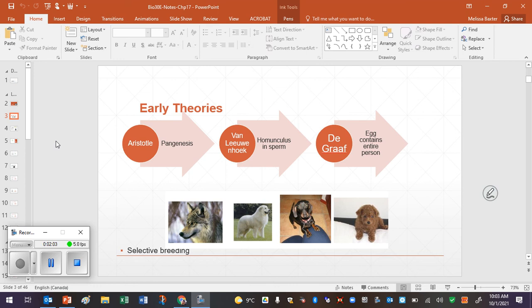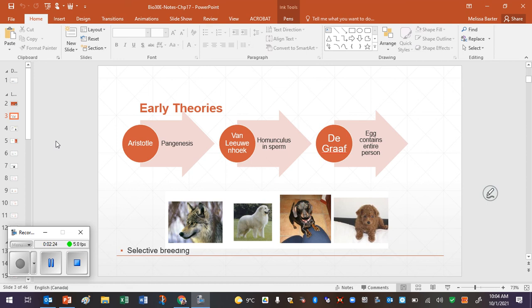I know I always talk about him in Science 10 when I'm talking about other things in chemistry. But Aristotle had some ideas about where organisms get their characteristics, but he also didn't understand cells and the way cells work. And maybe you remember learning about the cell theory and how cells have to come from other cells.